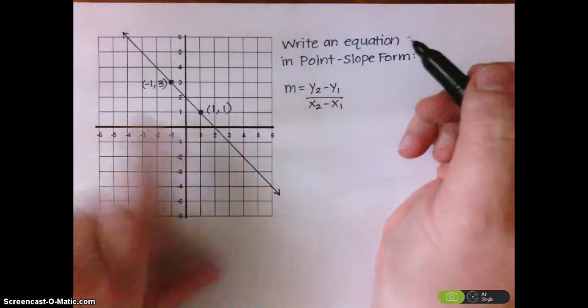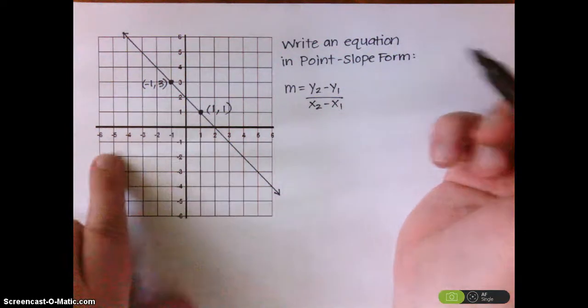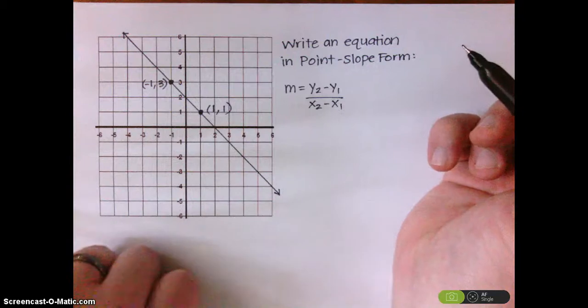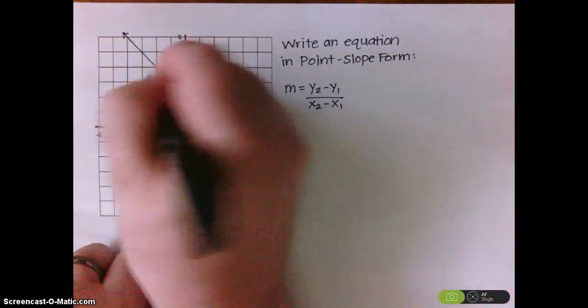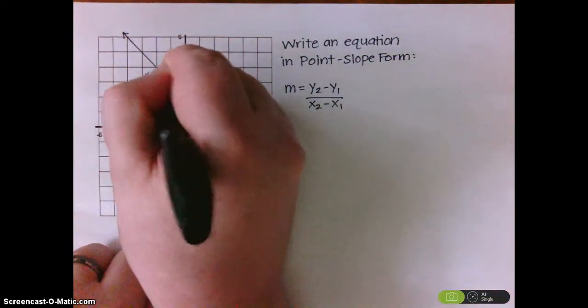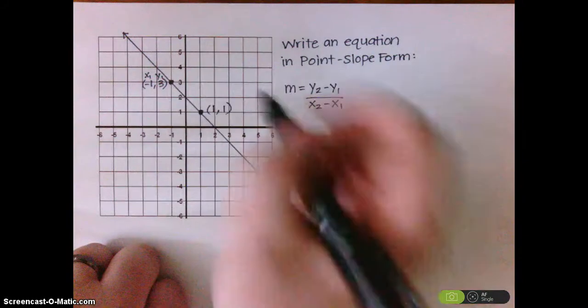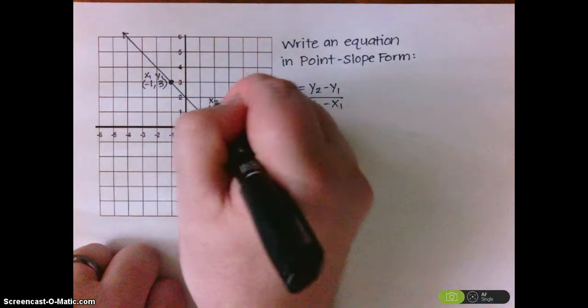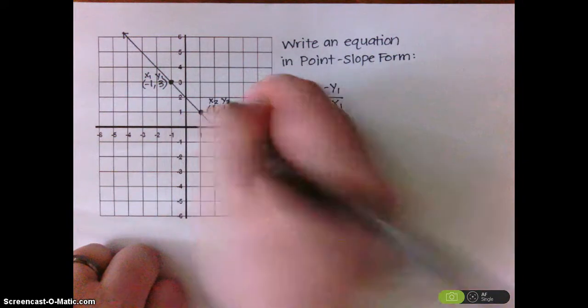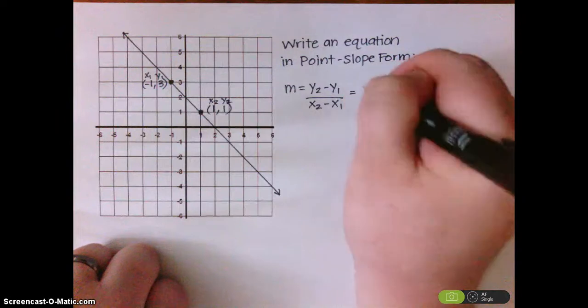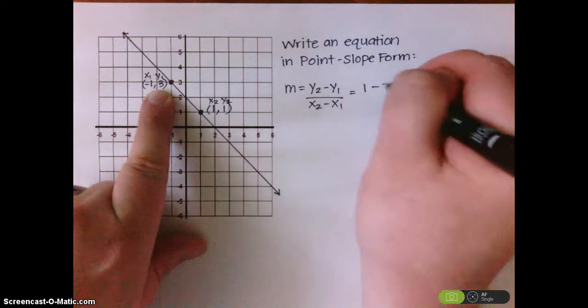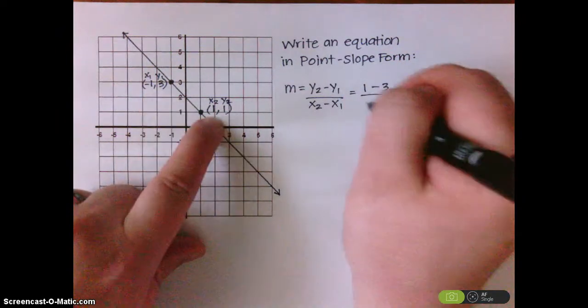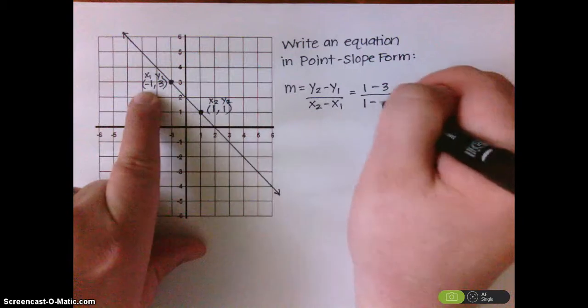I have 2 points, so I'm going to choose which I want to be my x1, y1, and which I want to be my x2, y2. So I'm going to label this one my x1 and y1, and I'm going to label this my x2 and my y2. So here we go. 1 minus 3 divided by 1 minus -1.